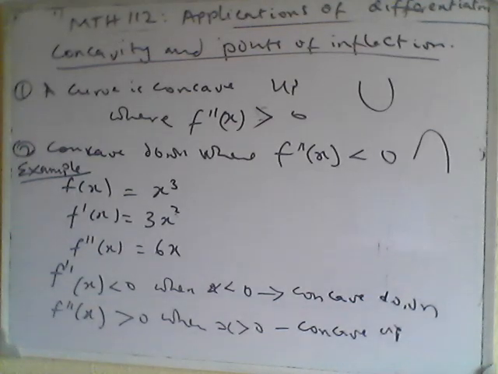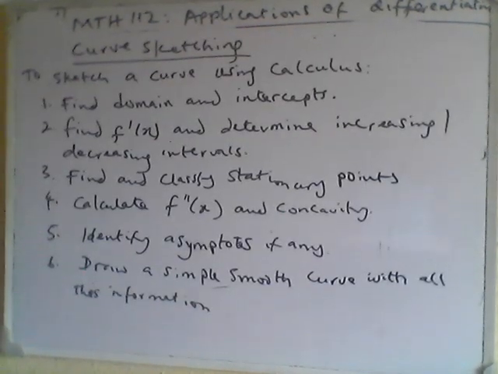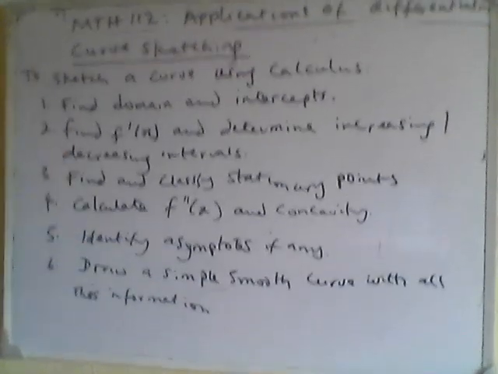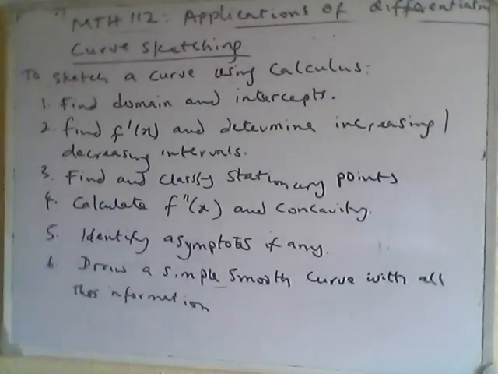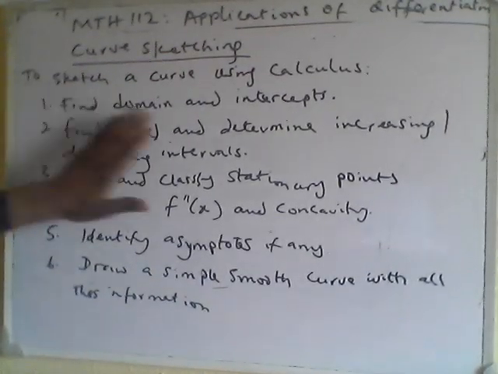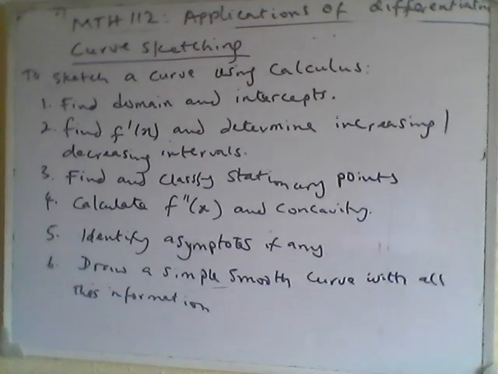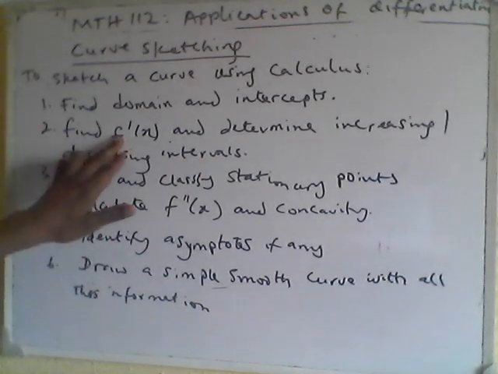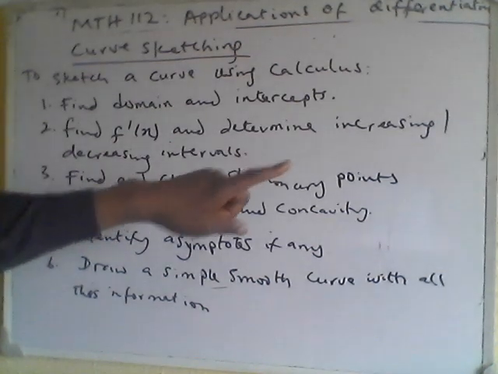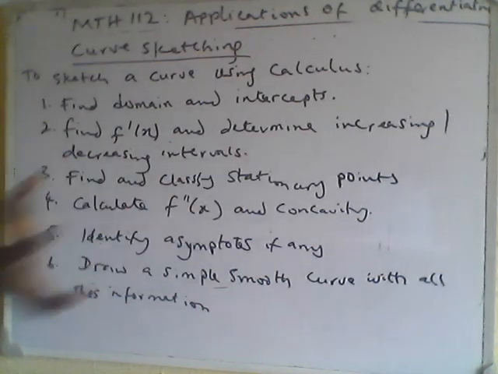Okay, so you need to sketch a curve. If we're to sketch a curve using calculus from the beginning, the first thing we do is to find the domain and the intercept. Then secondly, we'll find the first derivative and determine increasing intervals.